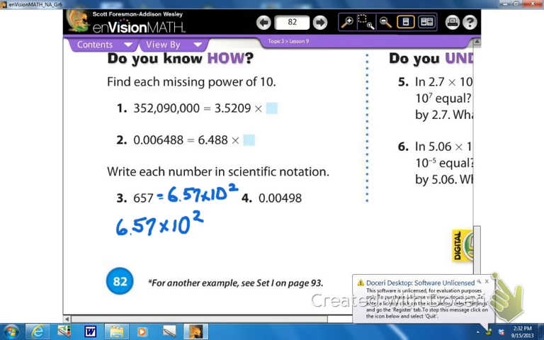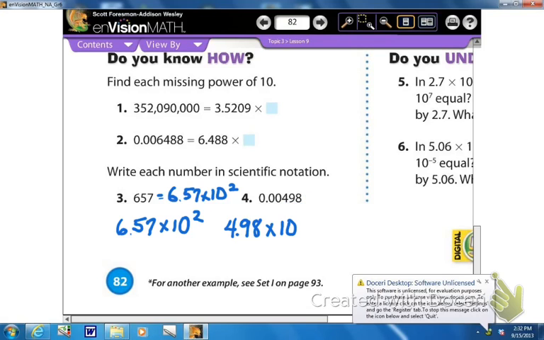All right, let's look at number 4. Okay, we're going to write this in scientific notation. It's a small number, less than 1. We need to find the first factor, and looking at the first numbers I have, I will put that decimal right there, because that would make a number of 4.98, or 4 and 98 hundredths, and that is between 1 and 10. So now I have 4.98 times a power of 10.